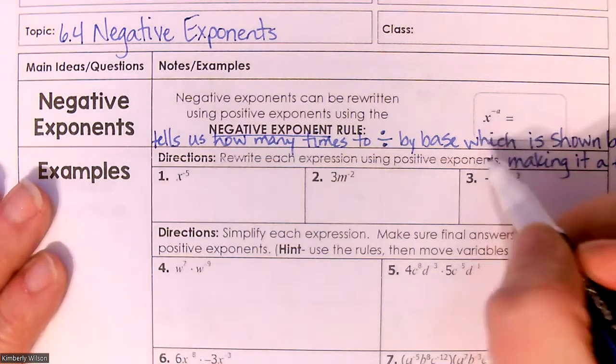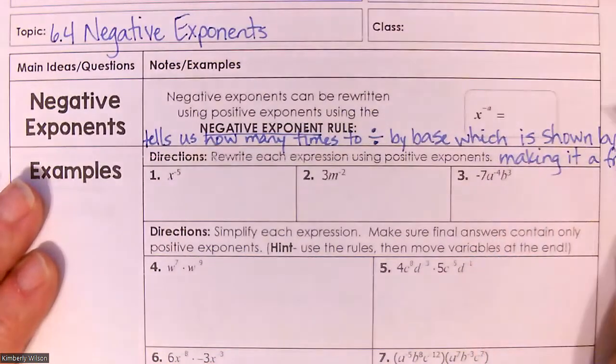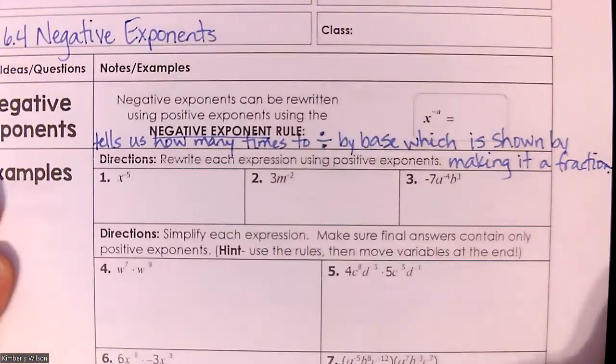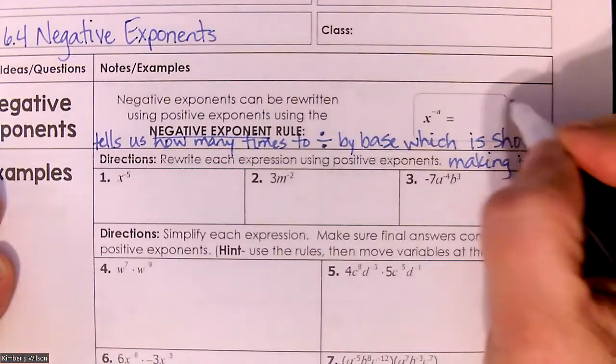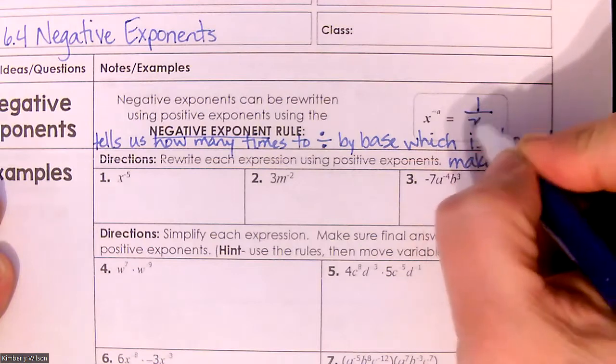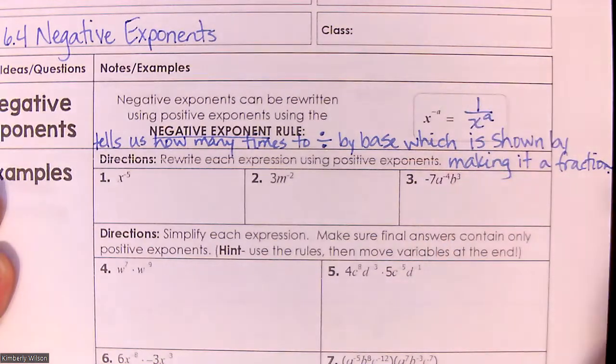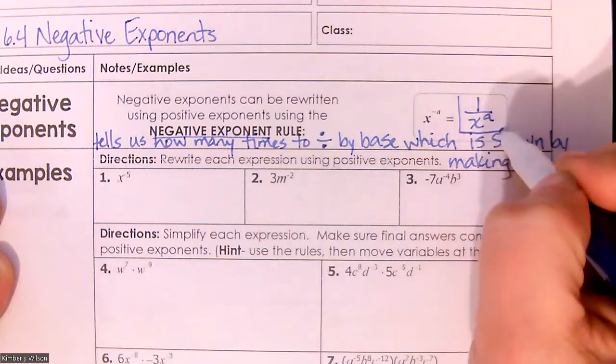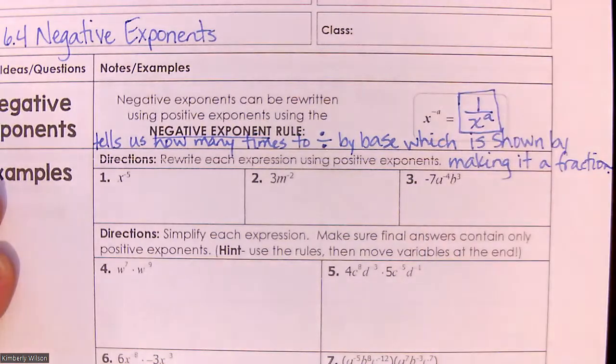So for instance, this one here where it says x to the negative a. To make it be a positive exponent, we put it in the denominator, so it becomes 1 over x to the a. This is what the answer looks like, okay?